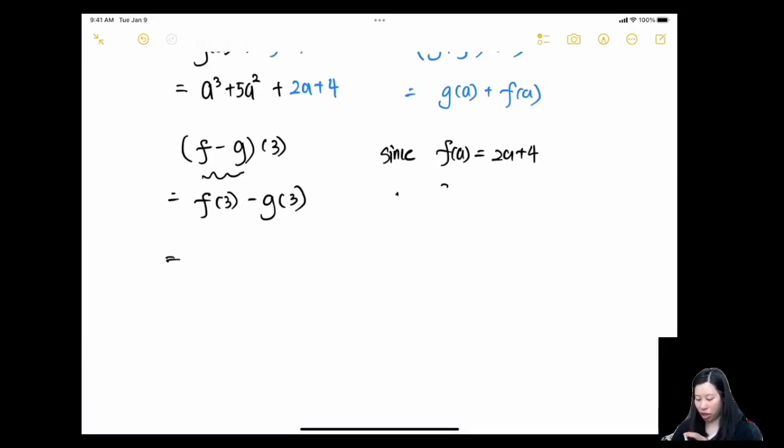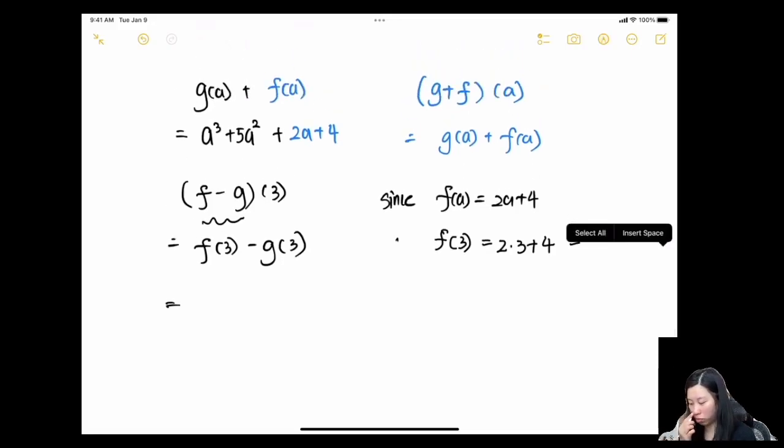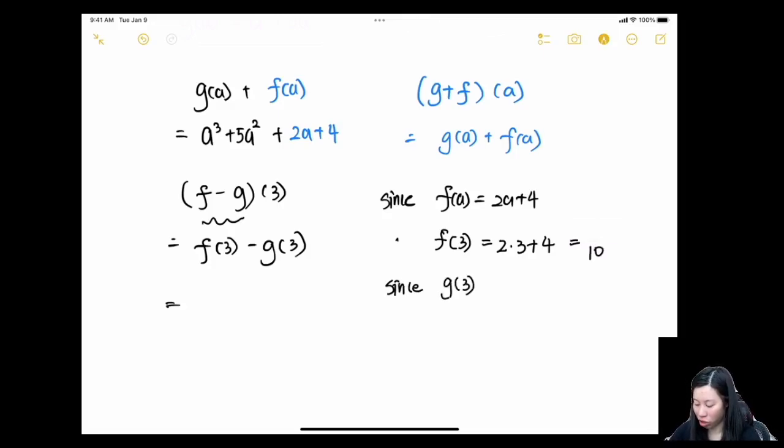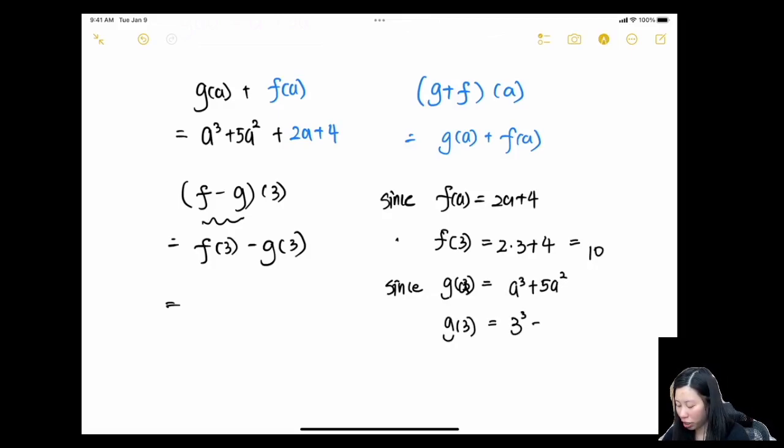So f of 3 equals 2 times 3 plus 4, which is 6 plus 4, 10. Also, we need to find out what g of 3 equals. Since g of a equals a cubed plus 5a squared, g of 3 equals 3 cubed plus 5 times 3 squared.